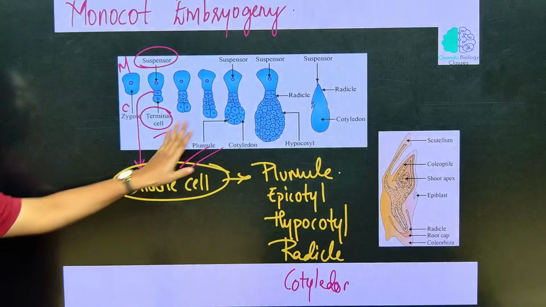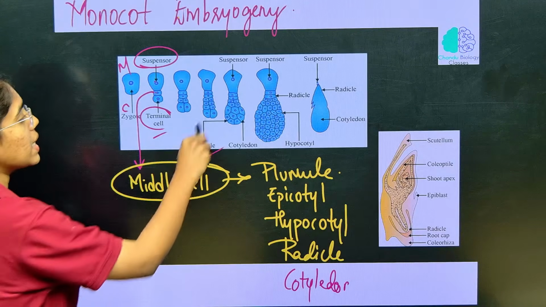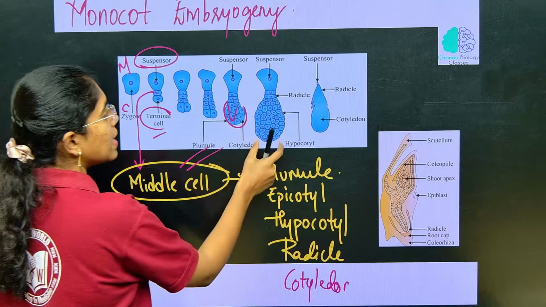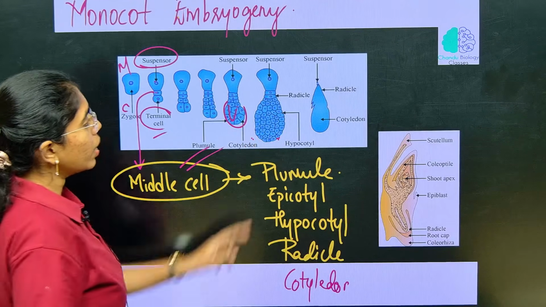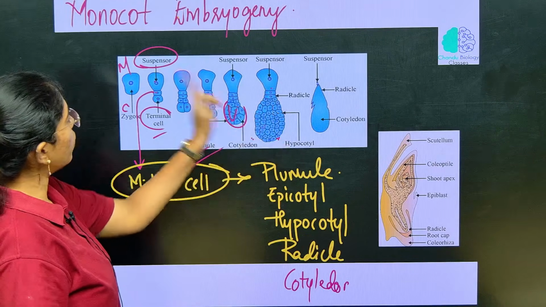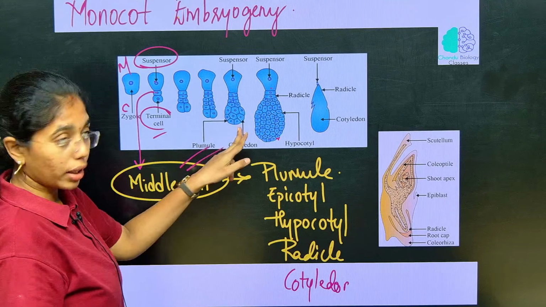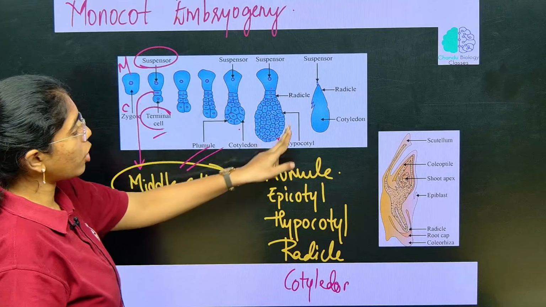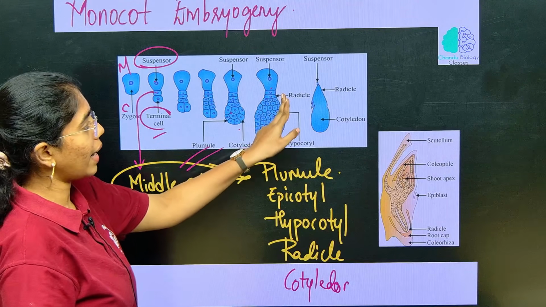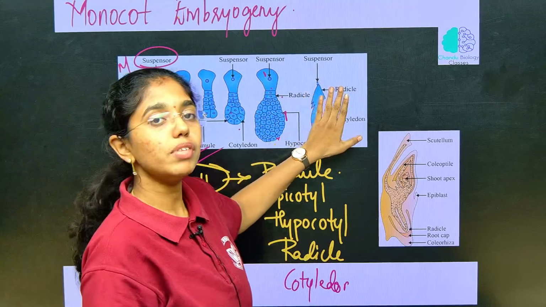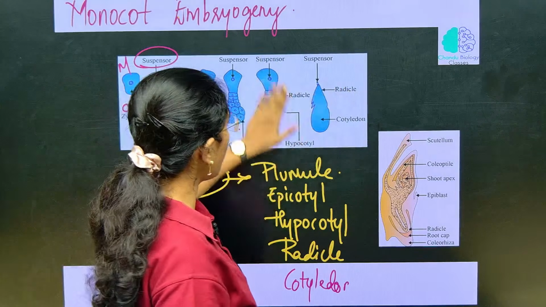After continuous divisions you can see a single cotyledon, above which a plumule is formed. You can see a globular embryo. At the chalazal end you can see the cotyledon and plumule, and towards the micropylar end you can see the hypocotyl and radicle close to the suspensor end. The globular stage itself is the last stage of monocot embryogeny.